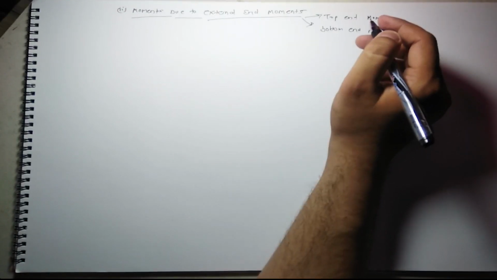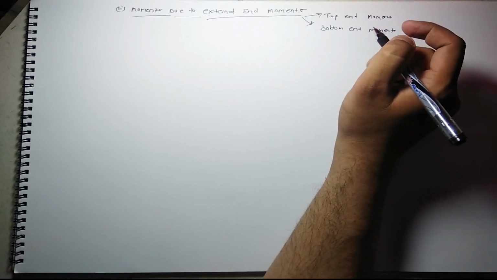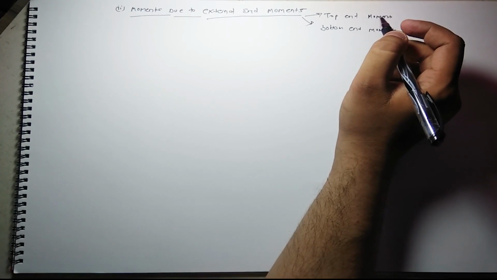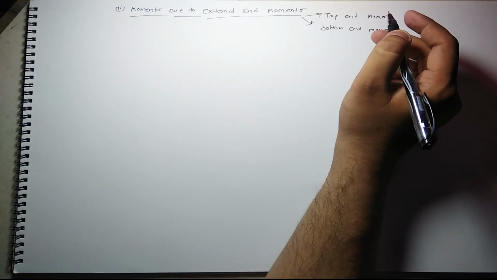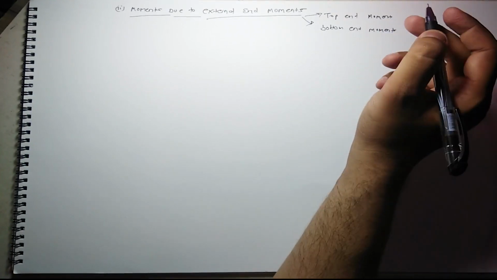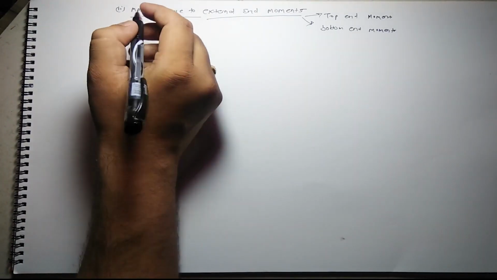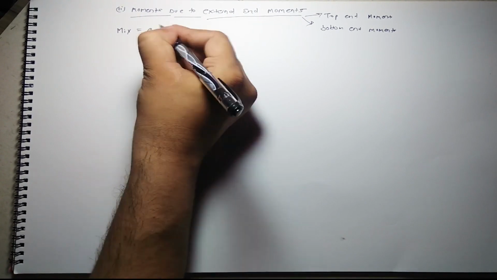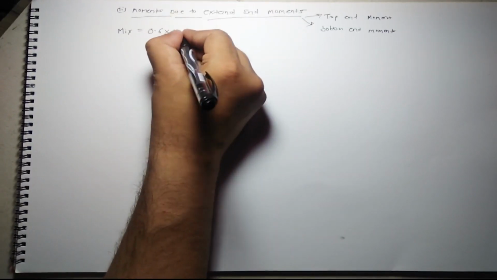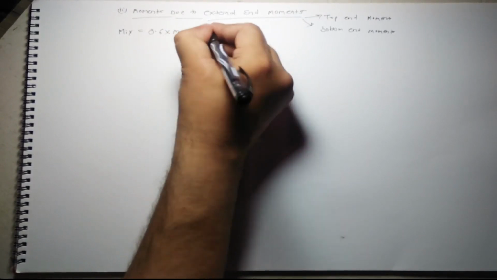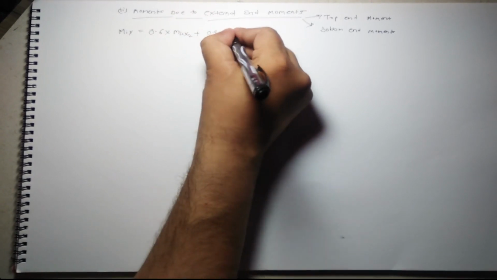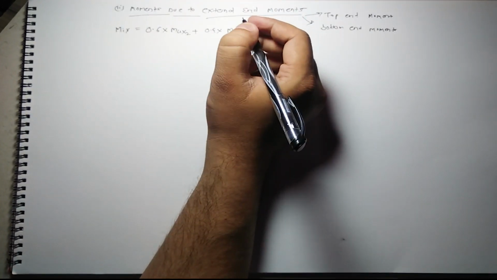The column is bending in single curvature as given in the numerical, so we are supposed to use the plus sign. Mux equals 0.6 Mux2 plus 0.4 Mux1.